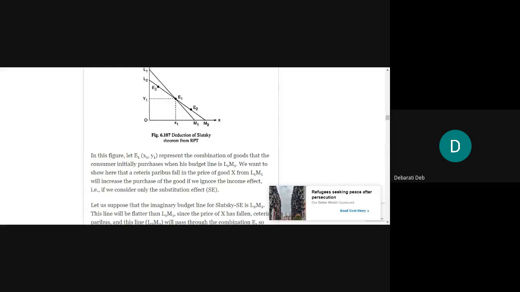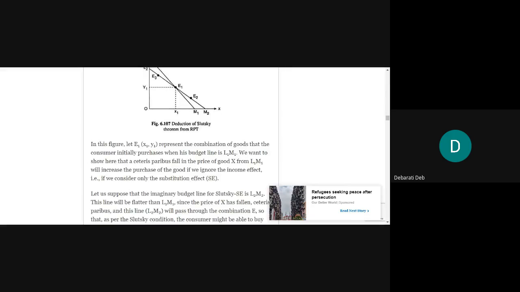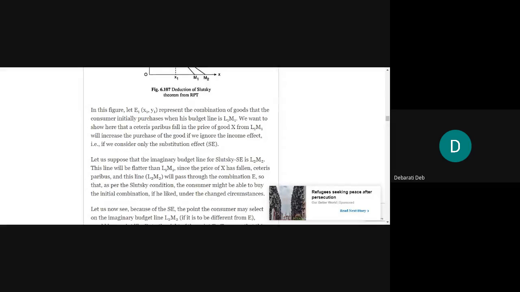Since the price of X has fallen, this ceteris paribus is a term which has been used in the Slutsky theorem. This is the reason because of which this movement occurs. Once the Slutsky theorem is taught to you, then this idea will be clearer.